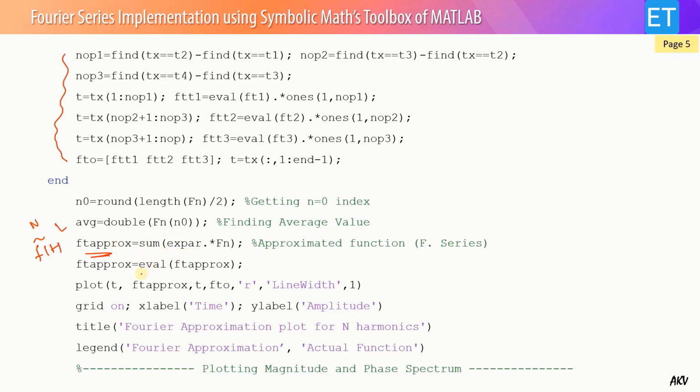Okay, and it is evaluated for that time vector. So all numerical values go here for plotting. So with this plot, we are plotting your approximated function ft approx, and then plotting your actual function ft. So you can compare both with all titles and legends, and then we are plotting the magnitude and phase spectrum like that.